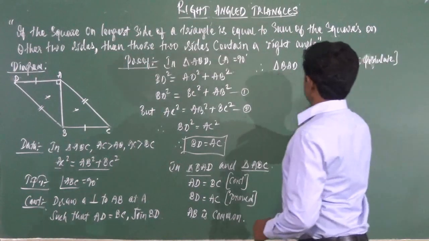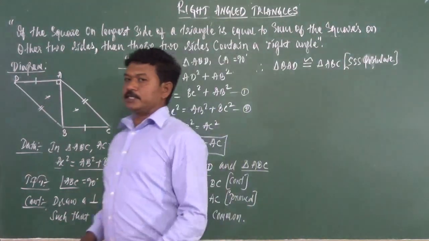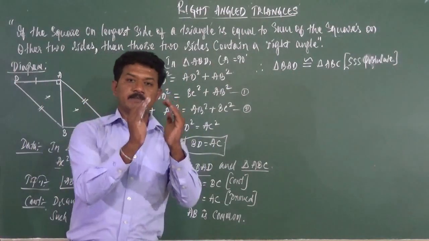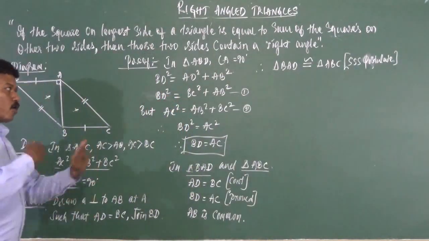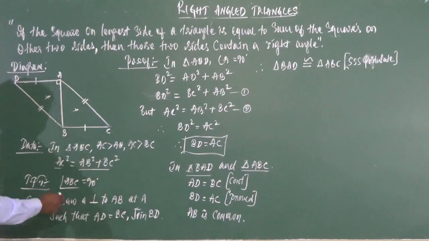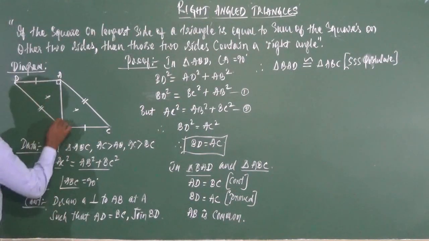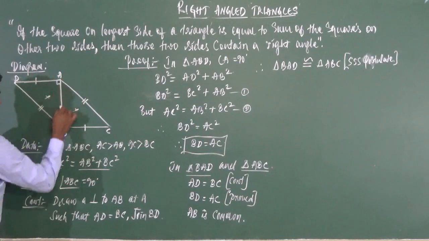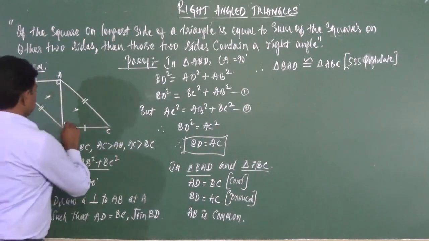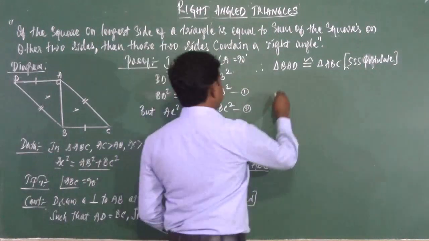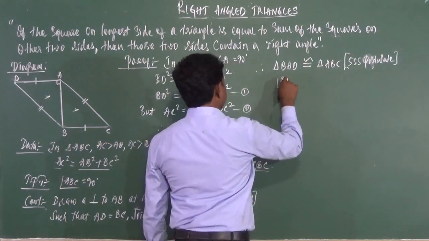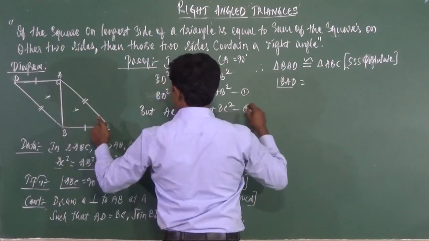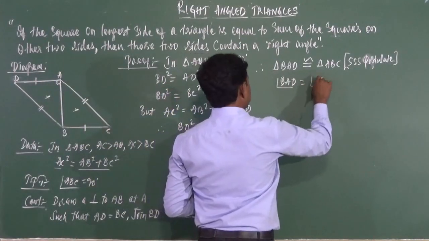If these two triangles are congruent, then the 6 elements of the first triangle are correspondingly equal to the 6 elements of the second triangle. Among them, I am going to take angle BAD. This angle should be equal to angle ABC.